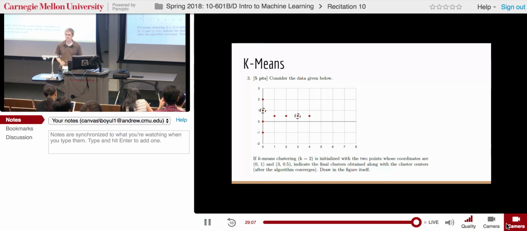Okay, let's recall the HMM assumptions in first order Markov chain. The first assumption we had is the Markov assumption. So let's assume first order.